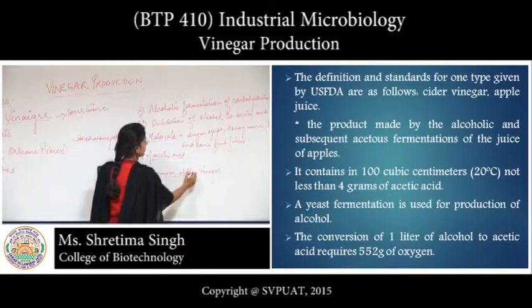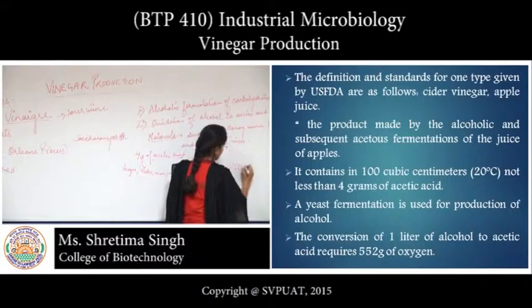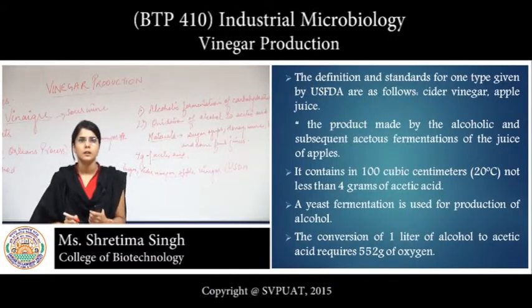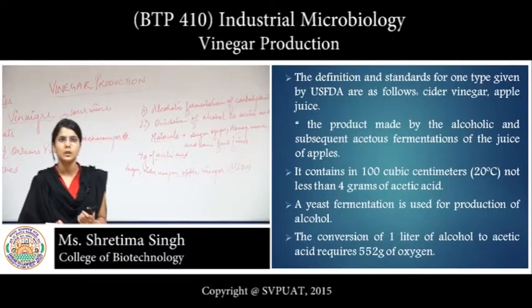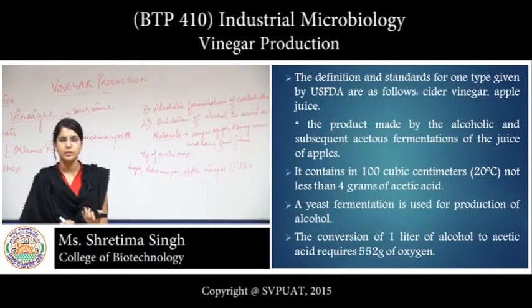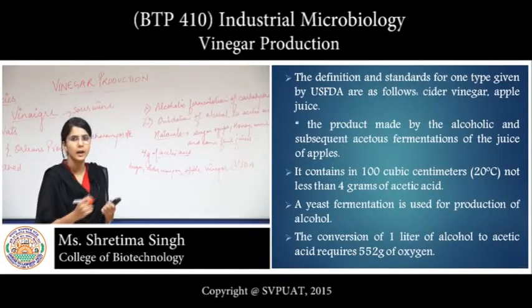One definition is given by the USDA, that is the United States Drug Administration, for apple cider vinegar, which is produced from apple juice. They define it as a fermented food product produced by the acidification of apple juice.